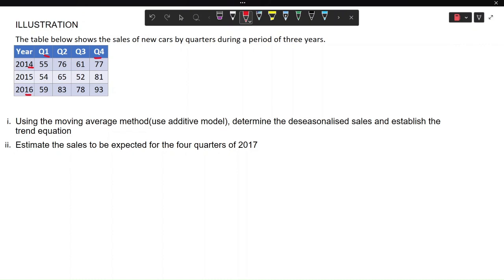We are to use the moving average method, that's using the additive model, to determine the deseasonalized sales and establish a trend equation using this deseasonalized sales. When you're done, we estimate the sales to be expected for the 4 quarters of 2017.